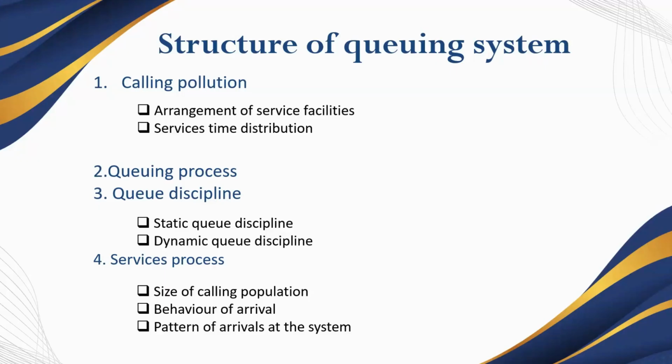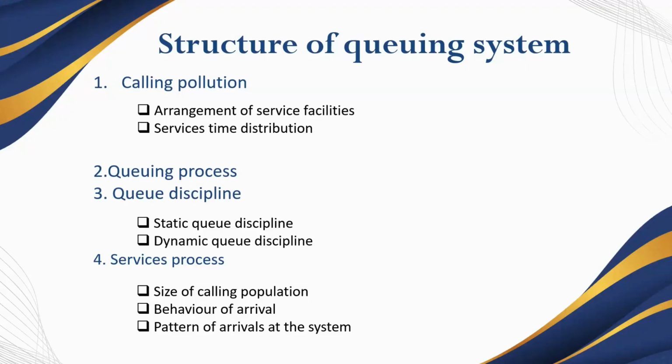Otherwise, the customer is asked to join a queue or waiting line, which may be single, multiple, or even private. The order of service may be random, but typically first come first served, or some other order. The queue can be considered either infinite or finite.